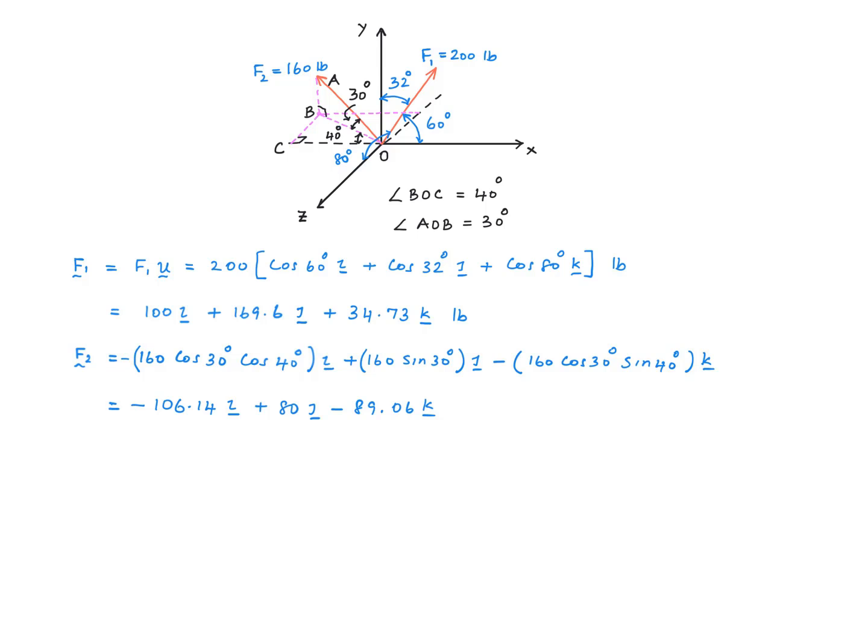So we put a negative sign in front of that, and this term is being multiplied by cosine 40, and then the sine 40 of OB is going to give me the z component. So you see sine 40 here, and that too has a negative sign with that.